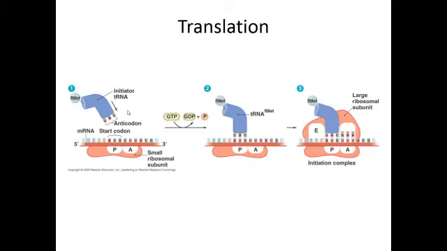Then the first tRNA with the first amino acid comes in. We call this the initiator tRNA, and the anticodon, or the RNA bases that match the start codon, comes in. So the anticodon matches up with the start codon, and the tRNA, which is loaded with its amino acid, comes in.